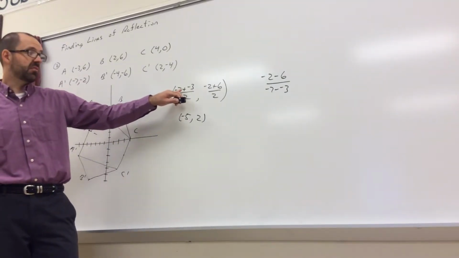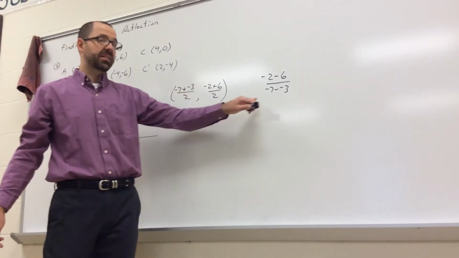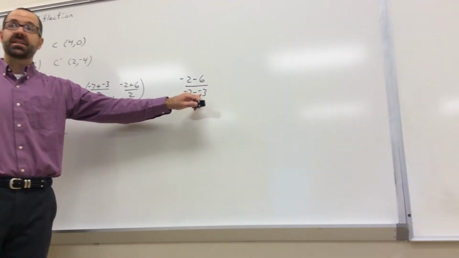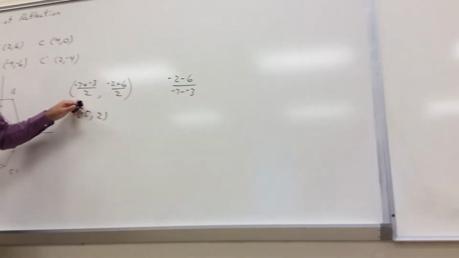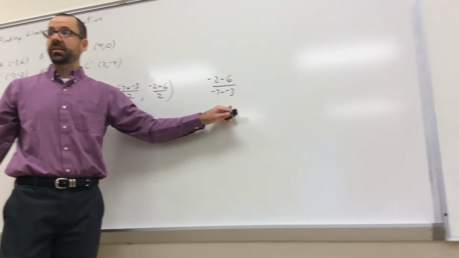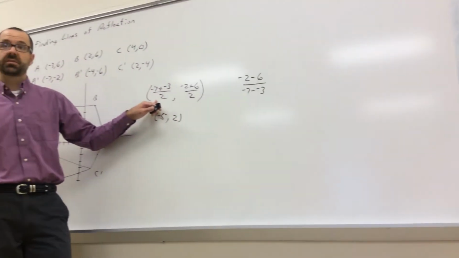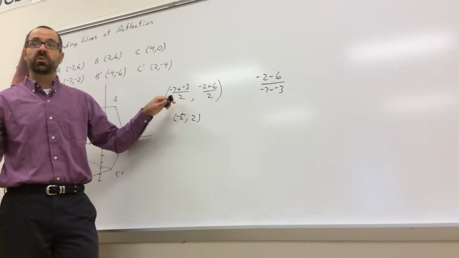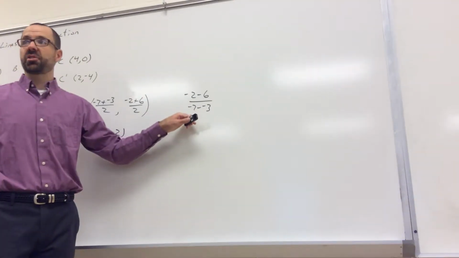So we did -7 plus -3. With slope, you subtract. So it's -7 minus -3. So midpoint is adding, slope is subtracting. And with midpoint, you start with the x's. And with slope, you start with the y's. That's why the x's are on the bottom.